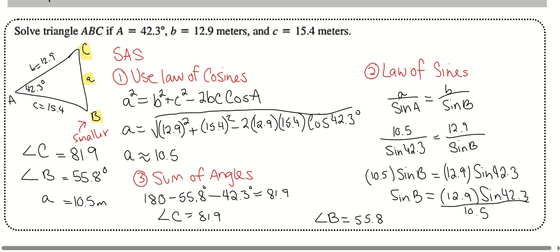So 12.9 plus 15.4 must be bigger than 10.5, which it is. 15.4 plus 10.5 is much bigger than 12.9. And then 15.4 plus 10.5 is definitely bigger than 12.9. So we are good. So we have all of the angles that we are missing, and then the one side that we were missing as well.